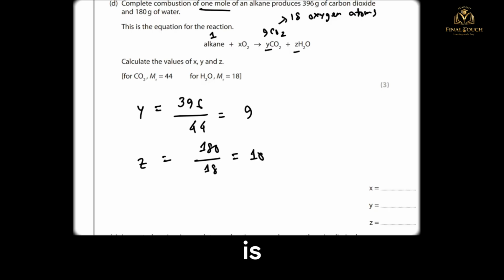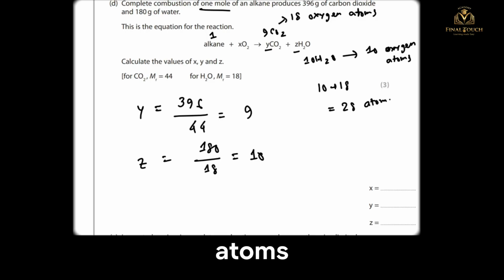This one is 10H2O. So here we have 10 oxygen atoms. So there's 10 oxygen atoms, there's 18, that makes 10 plus 18. We have 28 atoms of oxygen. So therefore, the value of x should be 14.